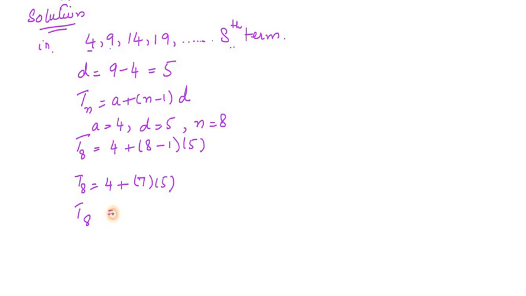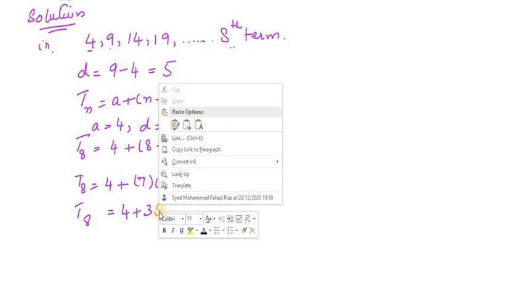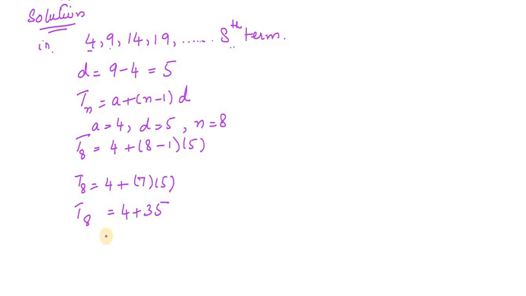T8 is equal to 4 plus 35, which is equal to 39. So the difference is equal to 5 and the indicated term T8 is equal to 39, which is the answer.